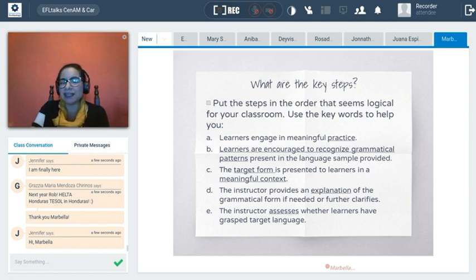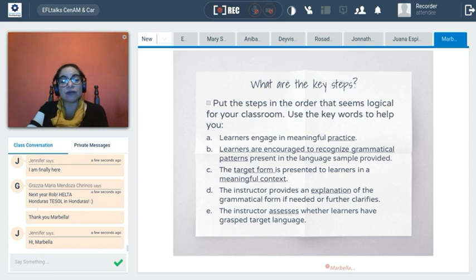Here I have some steps that aren't in the right order. What I'm going to ask us to do is to take a look at some of the key words, and then we'll take a look at what the order actually is. It says here first that students engage in meaningful practice. We probably don't want to start out that way, so that probably goes later in the process.